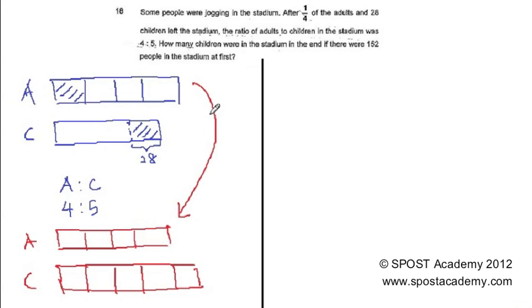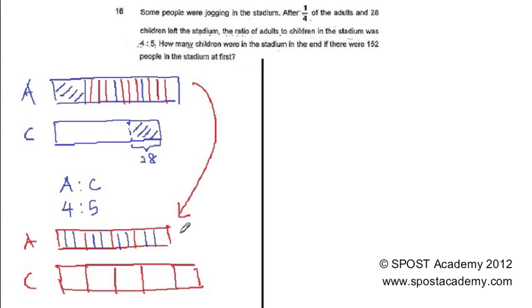So in order to make them the same, what I can do is to cut this into 4 parts, because the number of adults remaining must be equal to the ratio that is compared to the children. So in this model, I will need to cut this into 3 parts.